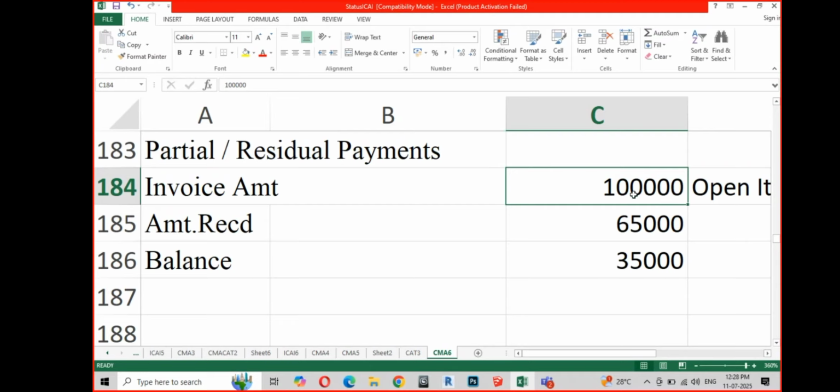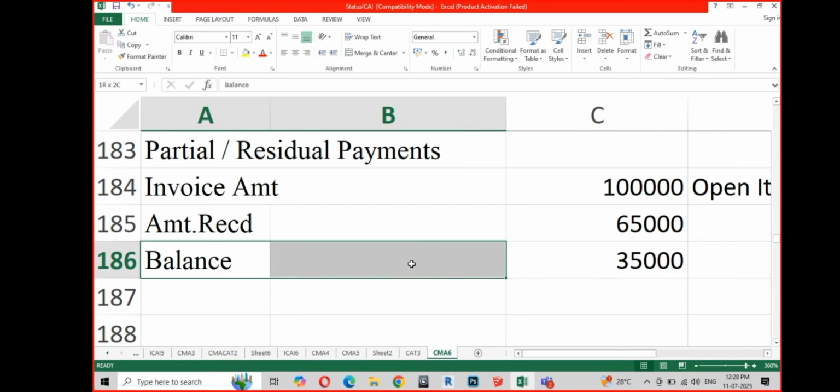It is not available in your system. The open item will be only for 35,000 rupees. Only the balance which is pending will be revealed in the residual methodology of paying or receiving money in installments. Clear or unclear?